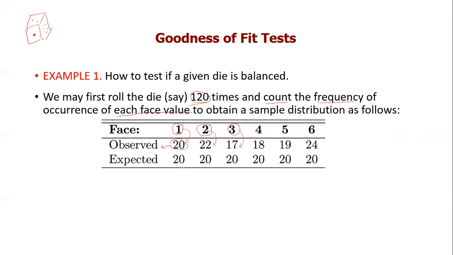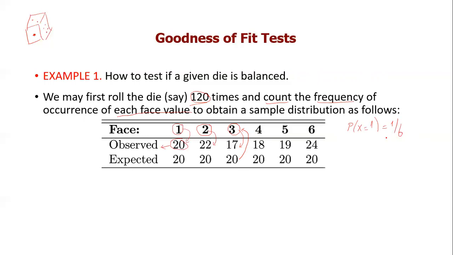How about the second row? The second row is the expected number of occurrences, right? So how do we find this? How do we know that we expect to see 20 ones, 20 twos, 20 threes? Well, that's simple. The probability that you observe one is equal to 1 over 6, right?